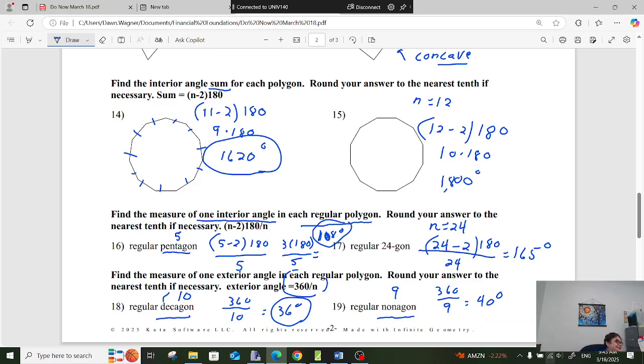Okay, so you have 2 choices. We still have one lesson we need to learn, and I'm going to introduce it to you today. I don't know if you'll have enough time to practice. So what we could do is I could introduce the new topic today after you practice interior and exterior angles a little bit more.